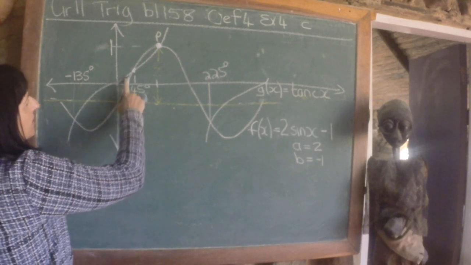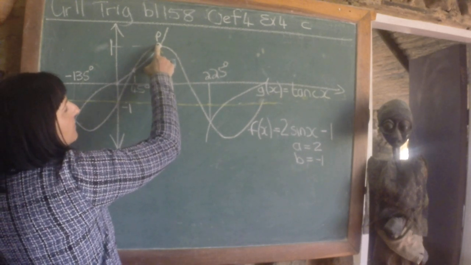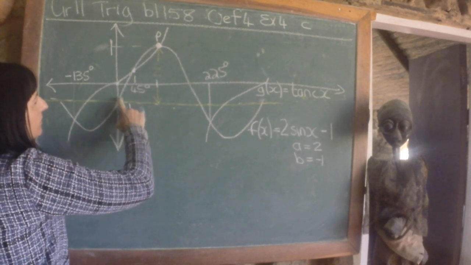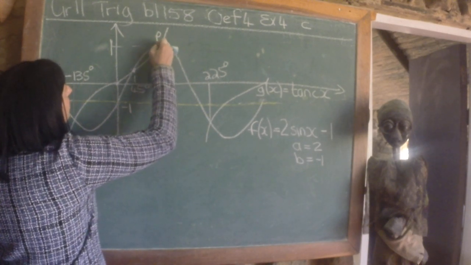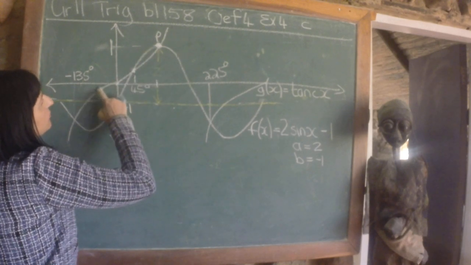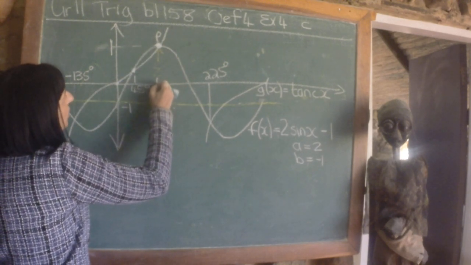So sy eerste kritieke punt is ons altyd op. Sy periode is dit ook nie verander nie, so dit moet 90 grade wees. So ons weet dat sy eerste punt op ons tan-funksie was hierso op 90 grade.